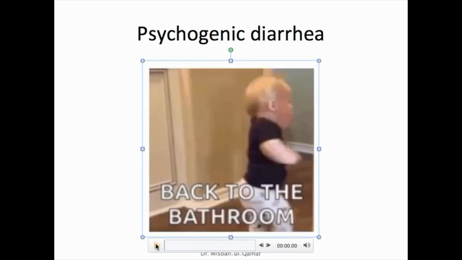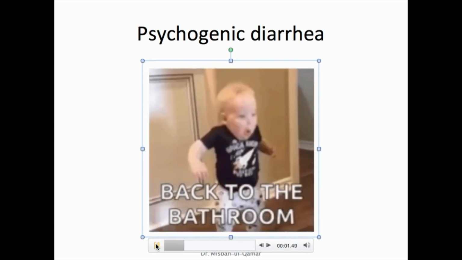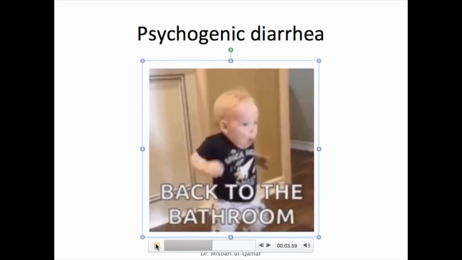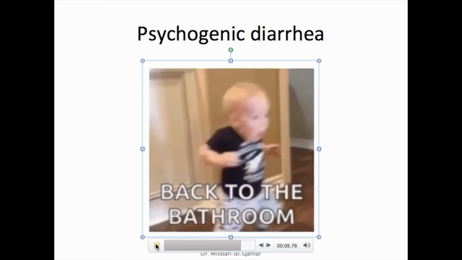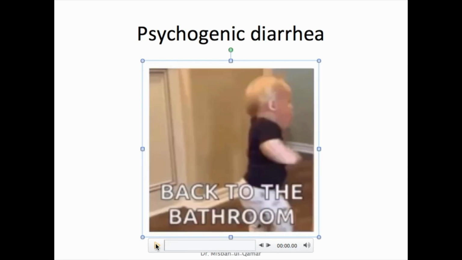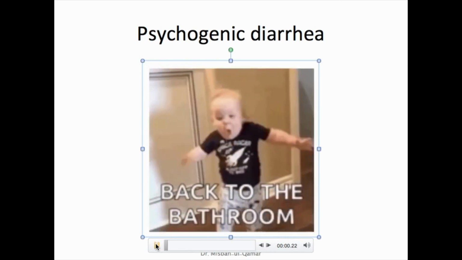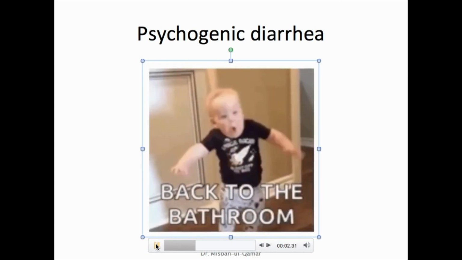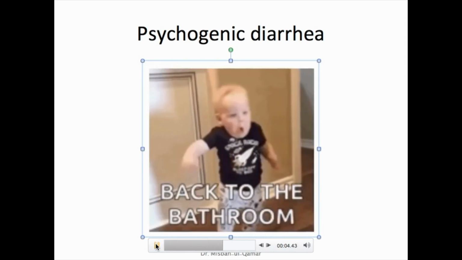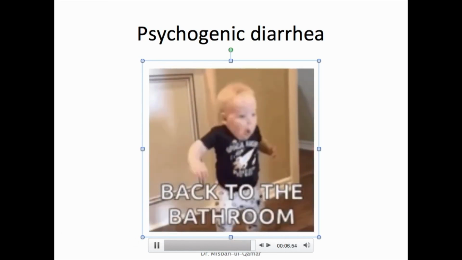And it is caused by excessive stimulation of parasympathetic nervous system. As this stimulation, it excites the motility of colon and excess secretion of mucus in distal colon. These effects they combine to cause marked diarrhea.